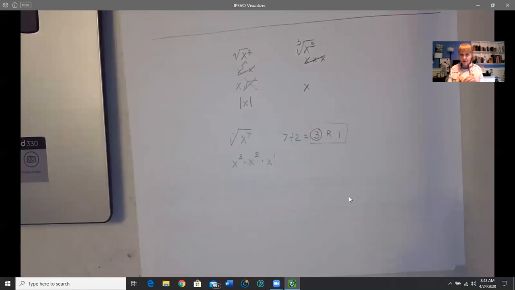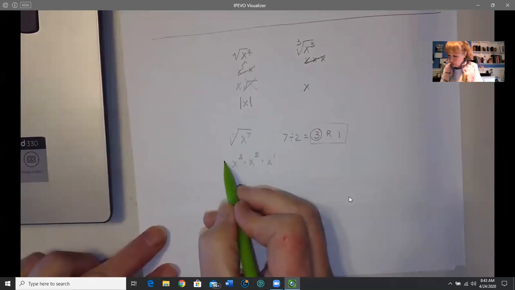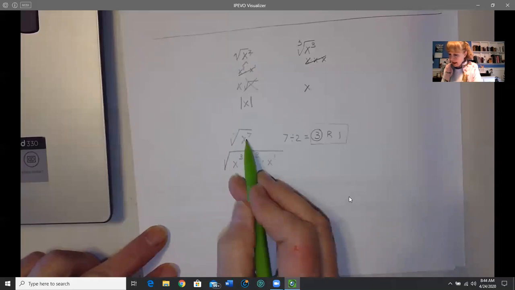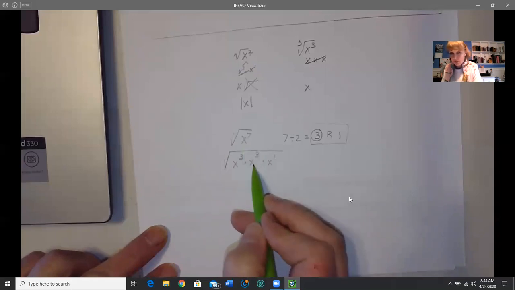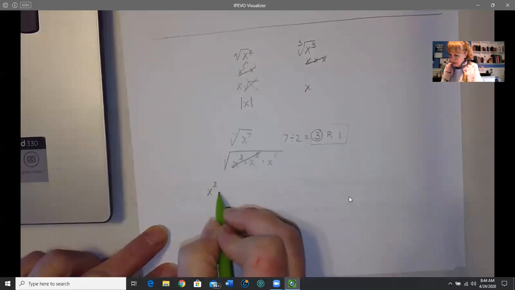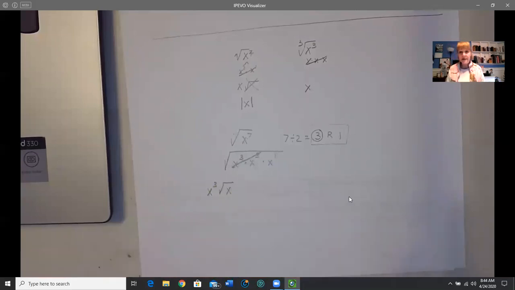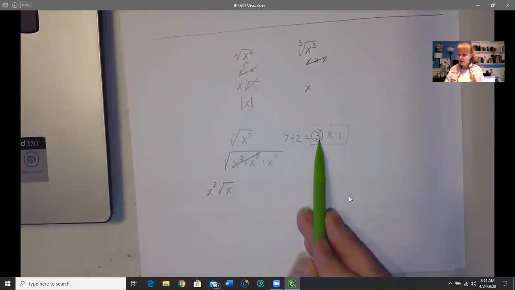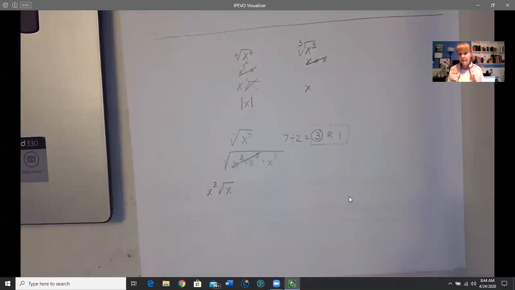And we'll try another one. Now, again, I was looking for 2 of something, and I have 2 x cubes. So they are going to come out, and that x to the 1st stays inside. So this kind of helps you know what exponents to use as you break it down.